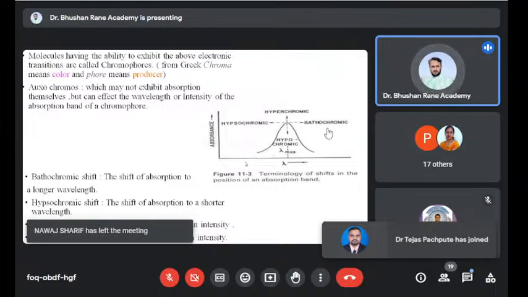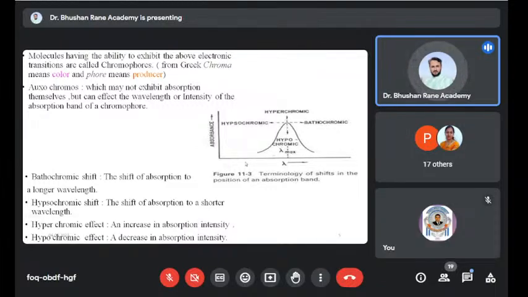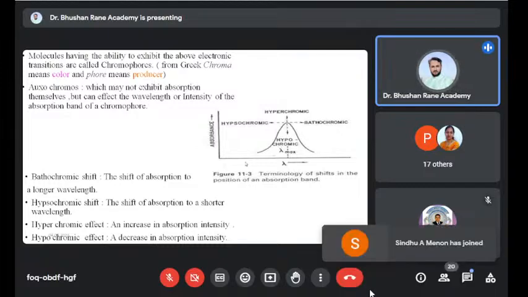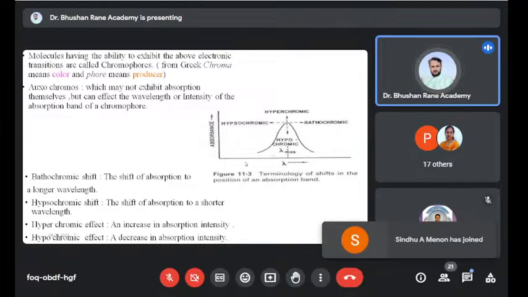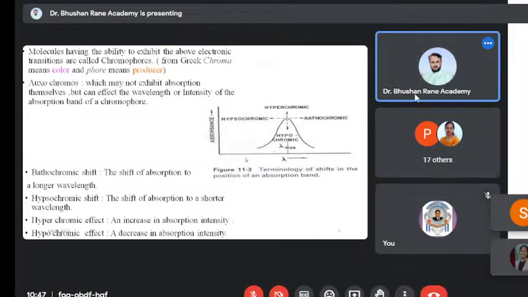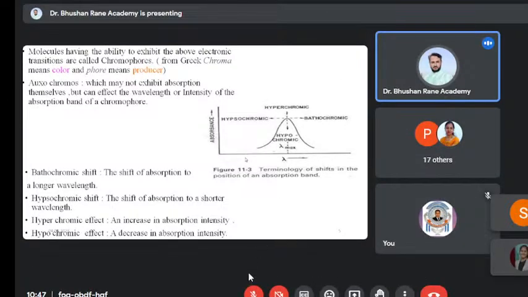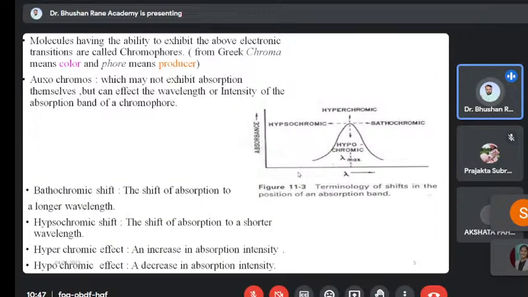In 0.1 N NaOH, the lambda max value is 257 nanometer, while with water as the solvent, the lambda max is 249 nanometer, and if the solvent is 0.1 N HCl, the lambda max is 244 nanometer. So in basic pH, we can observe the bathochromic shift, and in acidic pH, the same drug will show the hypsochromic shift.